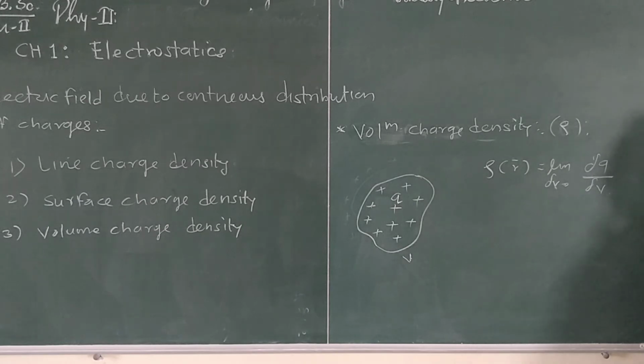Again we write the SI unit, and the SI unit is coulomb per cubic meter. So this is the volume charge density.